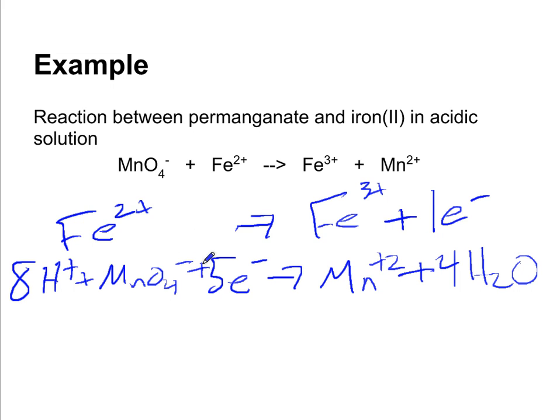You can see that we've got 5 electrons on the left side down here and only 1 electron on the product side in the oxidation half reaction. What we have to do is multiply this entire top reaction by 5, so we actually end up with 5 electrons, 5 irons, and 5 irons. When we do that, we'll have 5 electrons on each side of the reaction arrow, and we can cancel out those electron terms.